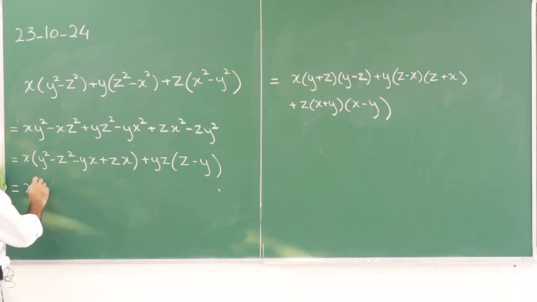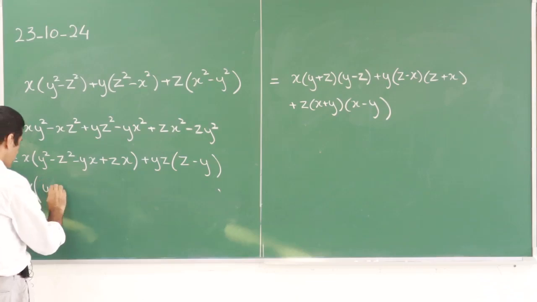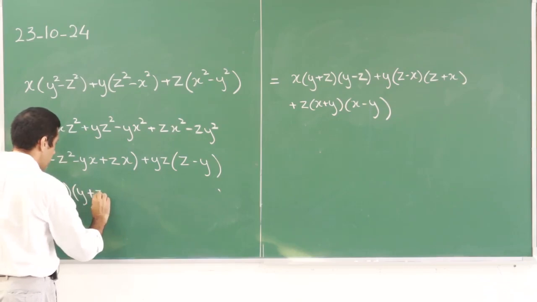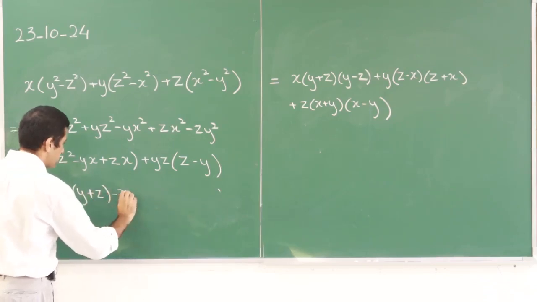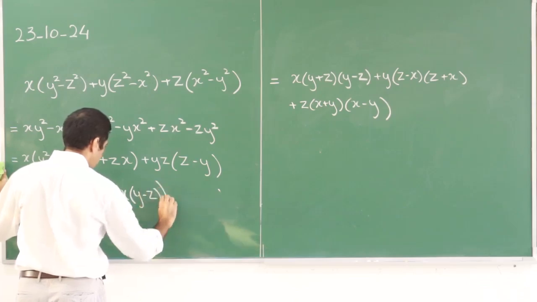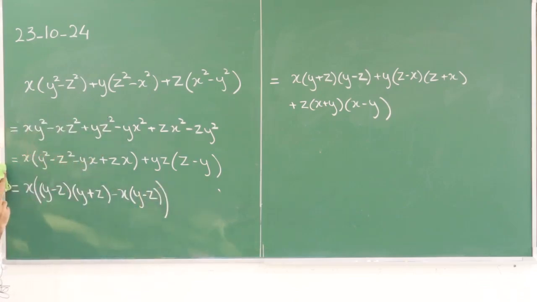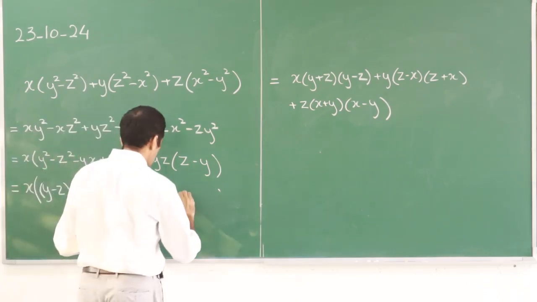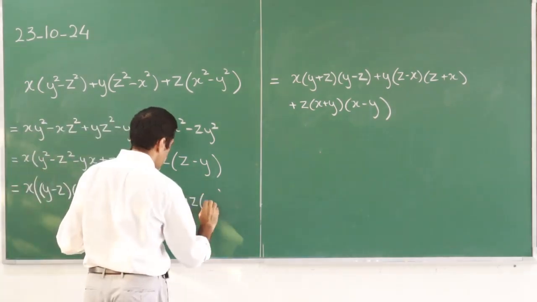एक ब्रैकेट मतलब पहले parentheses, y minus z, y minus z, y plus z, right? Okay, फिर minus x, into y minus z. Okay, यही मैंने किया हुआ था, okay, अब minus yz into y minus z.